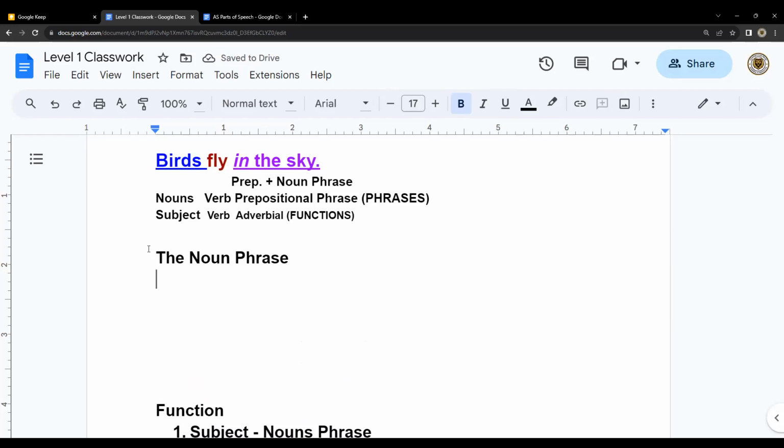Porque, pues, ya es una frase. El cielo. Yes. Y la frase es la forma completa, ¿no? Entonces, por ejemplo, tenemos sky. Este es it's a noun, pero al mismo tiempo vamos a decir que es un noun phrase. Aunque nada más es una palabra, vamos a decir que es una frase.